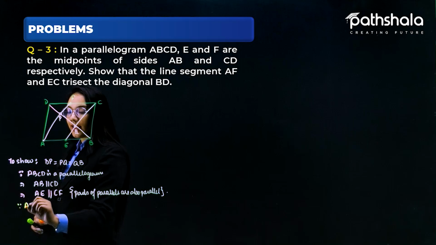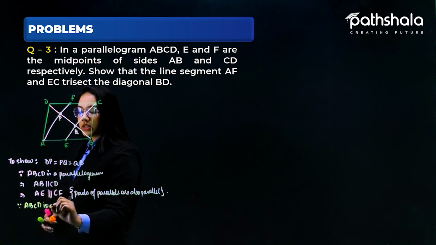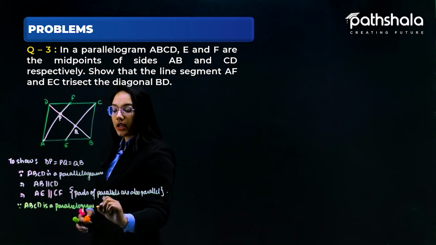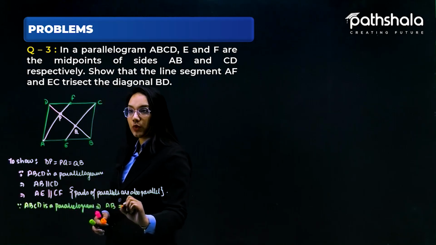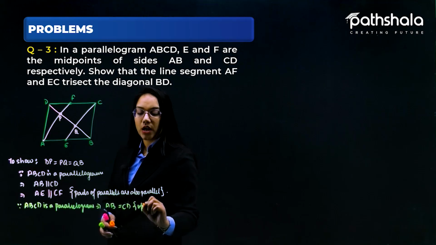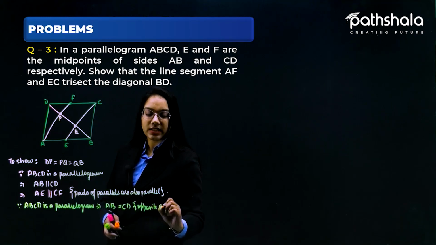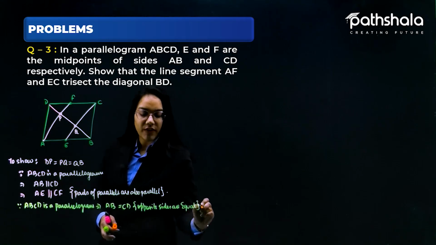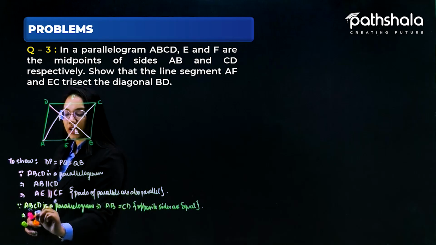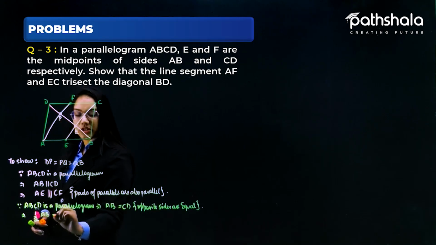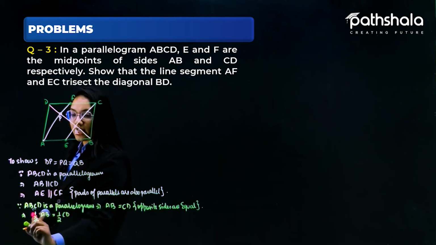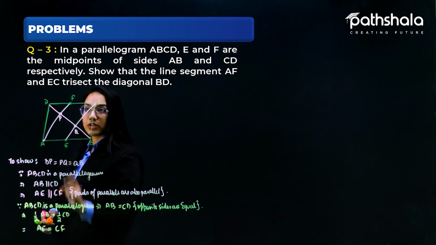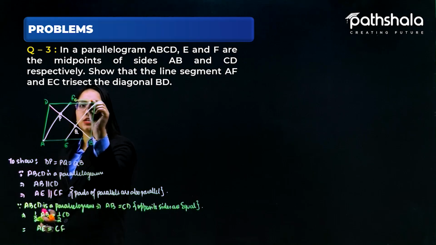Furthermore, we know that ABCD is a parallelogram, which implies that AB is equal to CD, because the opposite sides are equal. If we take half on both sides, half of AB should be equal to half of CD, so AE is equal to CF, because half of CD is definitely CF.